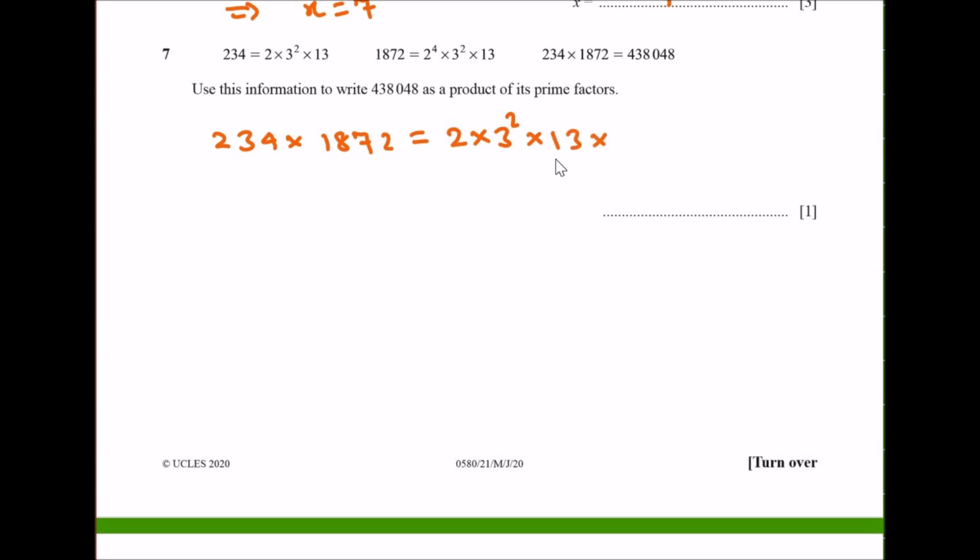Now for 1872 we have 2 raised to the power 4 into 3 squared into 13.